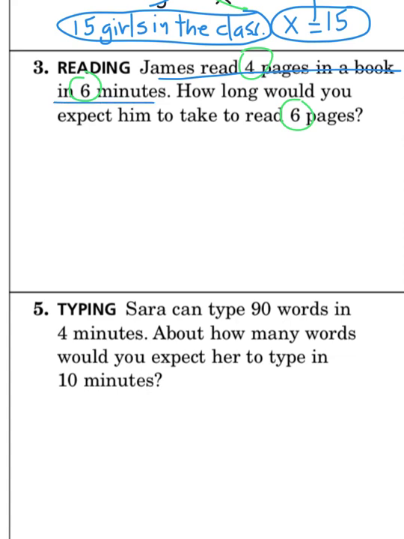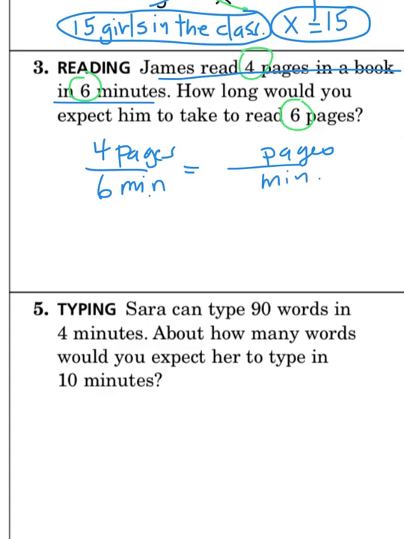That information goes together. He read 4 pages in 6 minutes. Okay, so if I wrote pages here and minutes there, I'm going to write pages here and minutes here. Okay, so I wrote down this 4, I wrote down this 6.